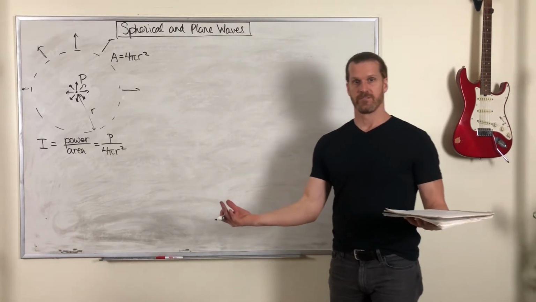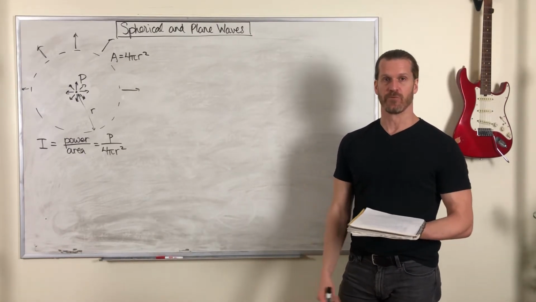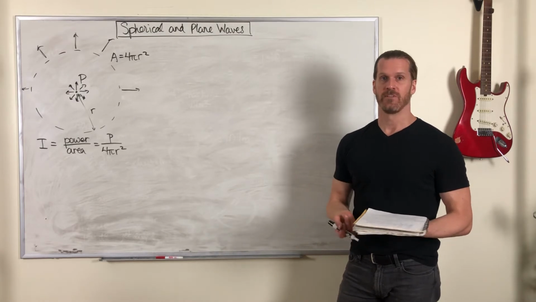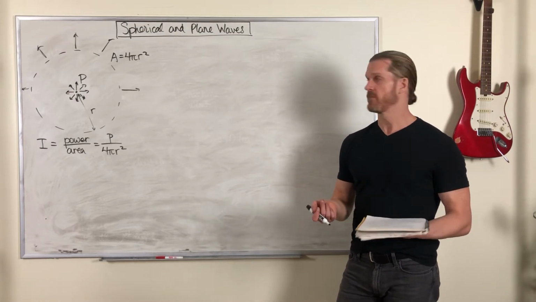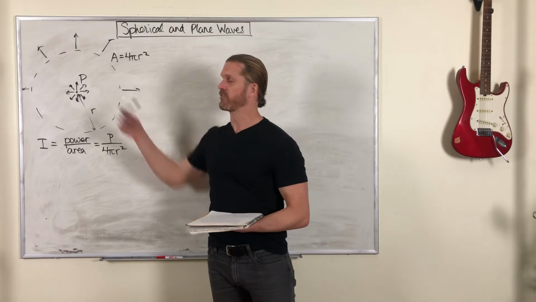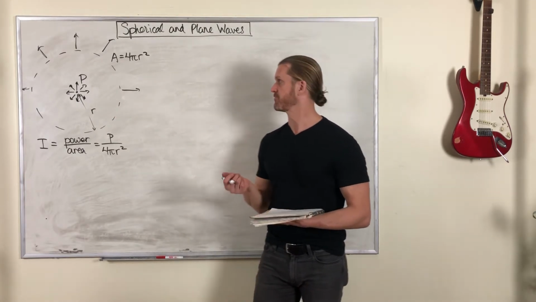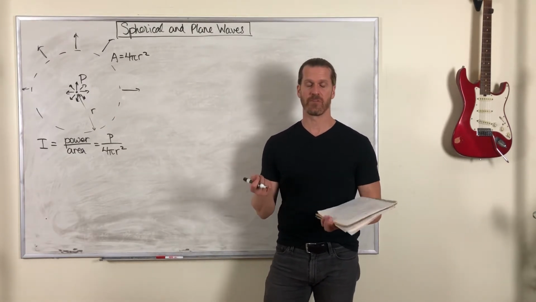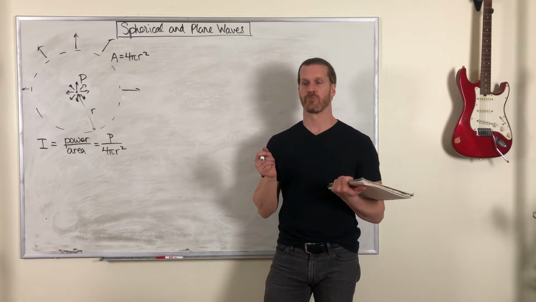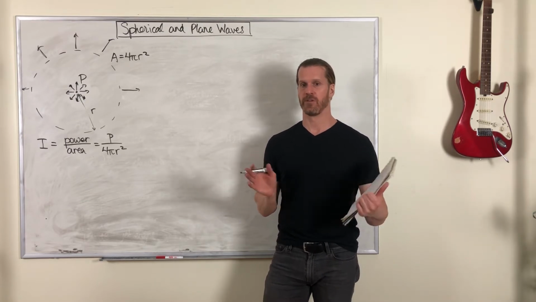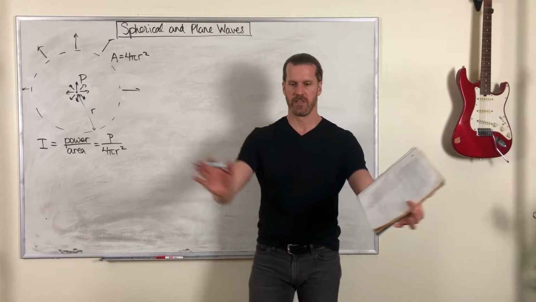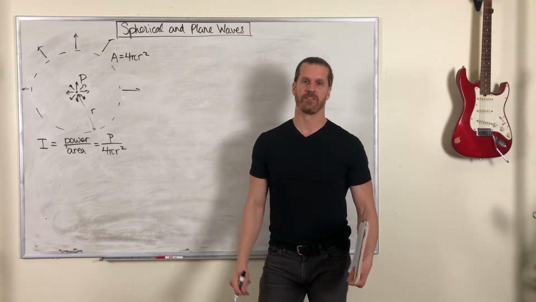This is generally true for spherical waves. Not all waves are spherical, but many sound sources act like this. Some sound sources are more directional, like a loudspeaker tends to be kind of directional and projects the sound more or less in a cone.